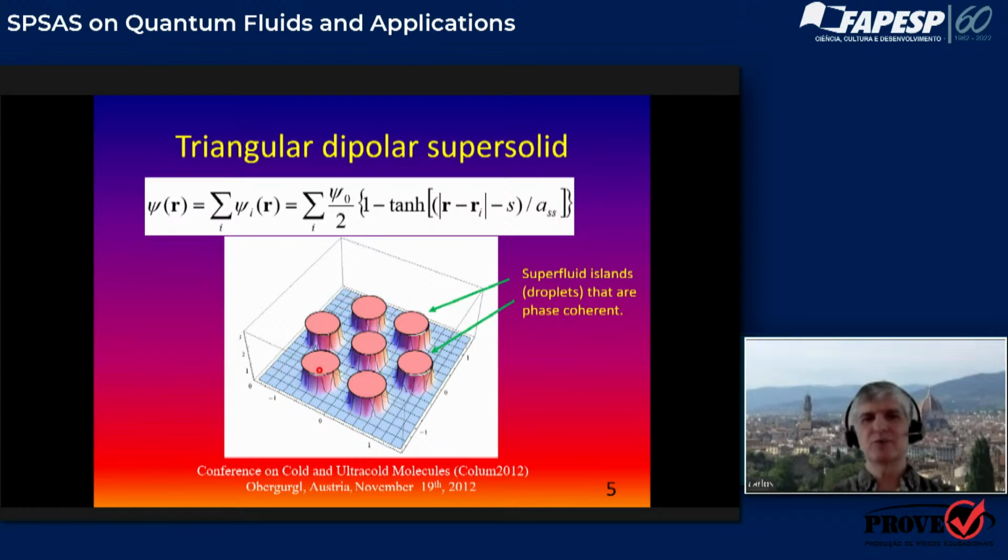For those of you that know a little bit about superconductivity, you can think about this as a series of disks of superconductors which are phase coherently connected, let's say via Josephson coupling. Here you don't have that, you have a continuous system, but which self-organizes due to dipole interactions into some islands, and phase coherence between them is established essentially via some kind of tunneling process as well, if you wish. Although they can be continuously connected. They don't have to be physically completely separated. Density doesn't have to go to 0 in between the two.